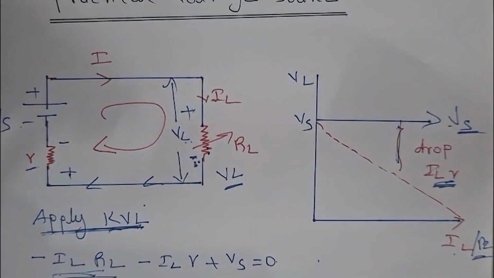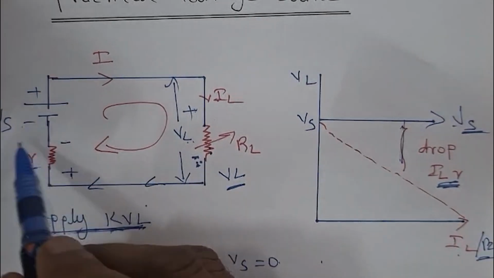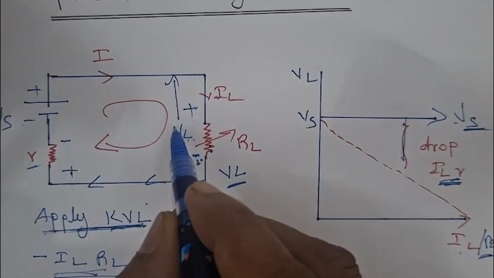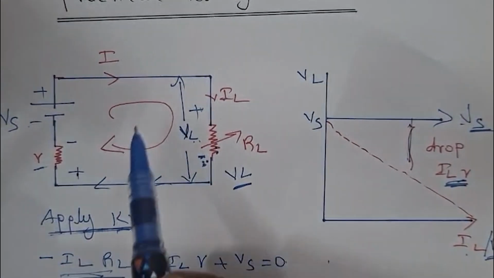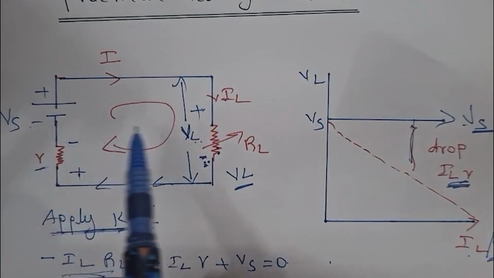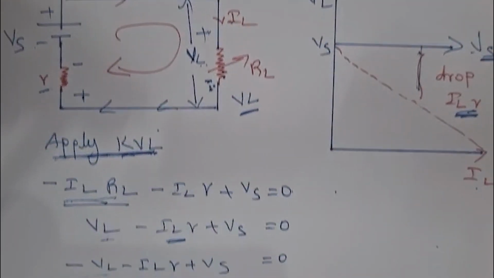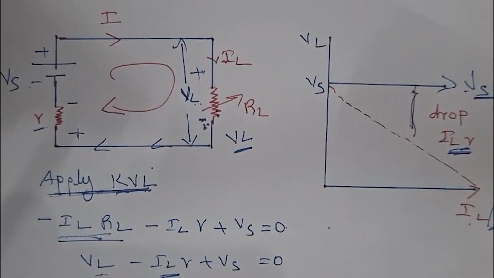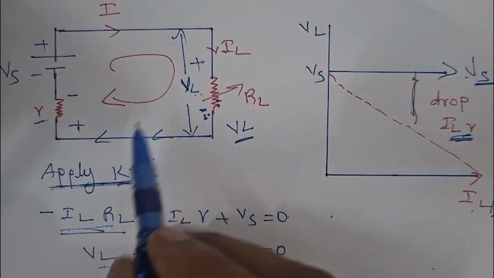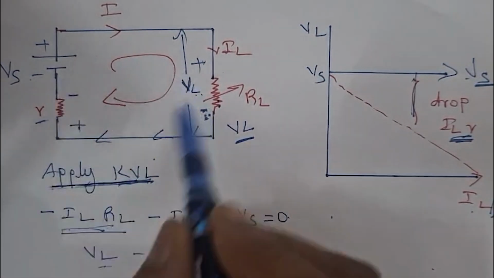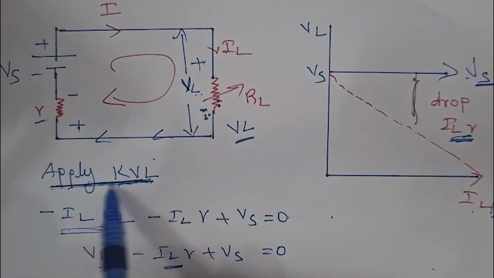So for this circuit, you apply this voltage and what will happen? What about the VL? Here in the practical voltage source, Vs is not equal to VL. Why? Now we have to see. To discuss that, we have to apply Kirchhoff voltage law across the circuit. What is Kirchhoff voltage law?